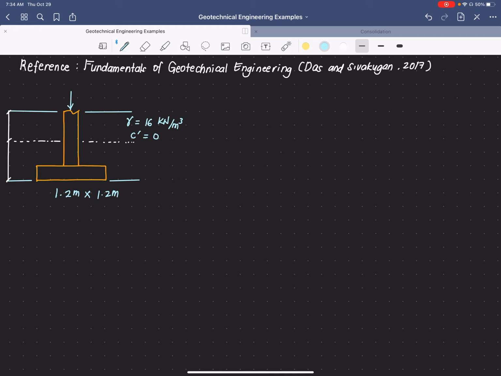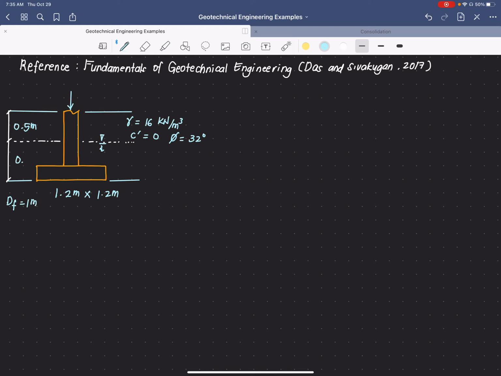And the angle of friction equals 32 degrees. The groundwater table is located 0.5 meters below the ground surface. So this is 0.5 meters. And the depth of the foundation, Df, is 1 meter.